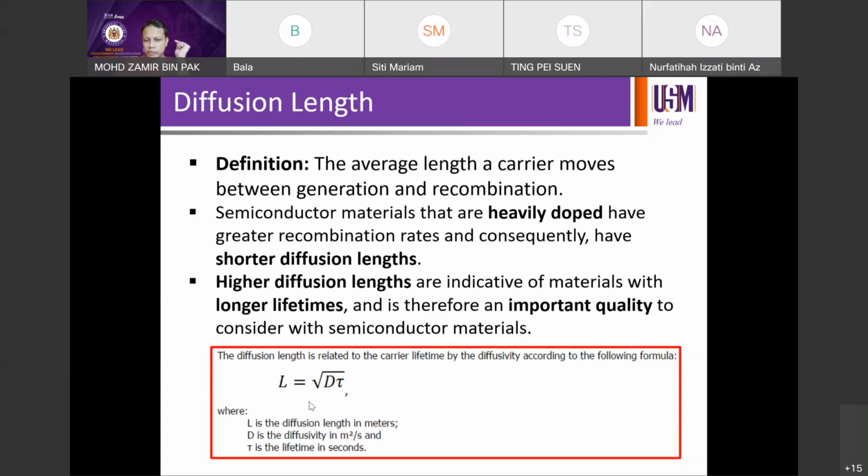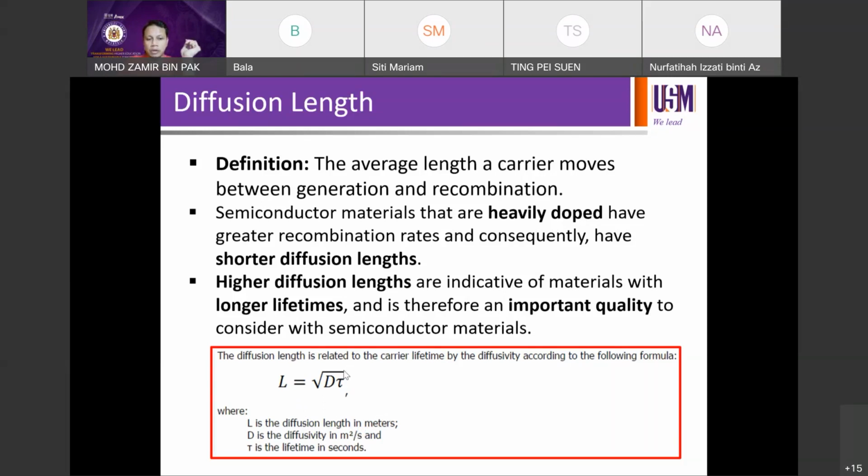So maksudnya from here you can see straight away, it's very obvious that L is proportional to square root of tau. Okay, macam tadi lah saya punya example tu. So your jangka hayat is actually the life that you have gone through, right? So jangka hayat carrier is actually the distance that the carrier has gone through before it recombines, right?